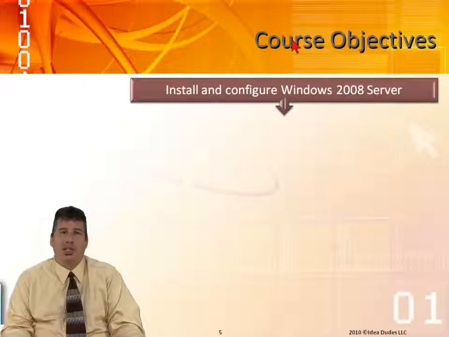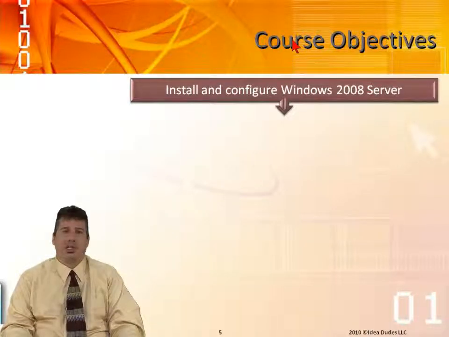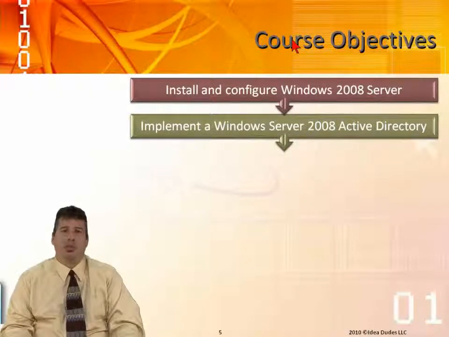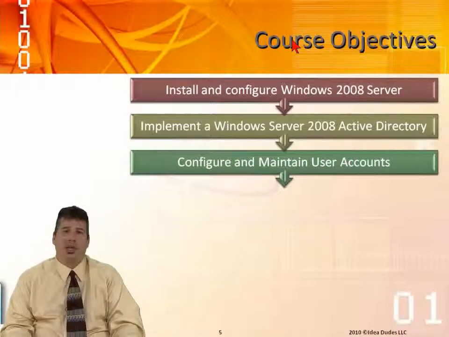You can make it unattended, which means you don't have to be there when you're doing the installation. So we're going to implement a Windows Server 2008 Active Directory. We're going to configure and maintain user accounts. That means creating them. We'll be using CSVDE, LDIFDE, and Windows PowerShell.